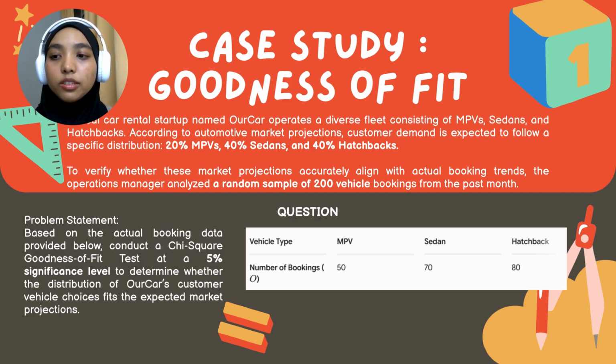We need to conduct a chi-square goodness of fit test at a 5% significance level to determine whether the distribution of Our Car customers' vehicle choice fits the expected market projection. For number of bookings, which is the observed frequency, we have MPV 50, sedan 70, and hatchback 80. So my friend will explain the solution for this question.